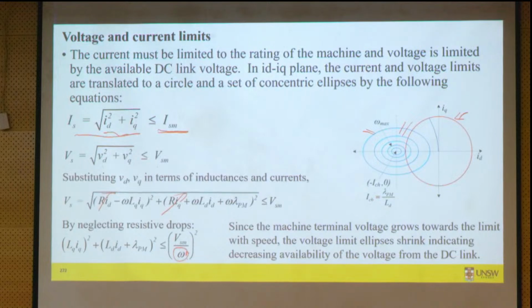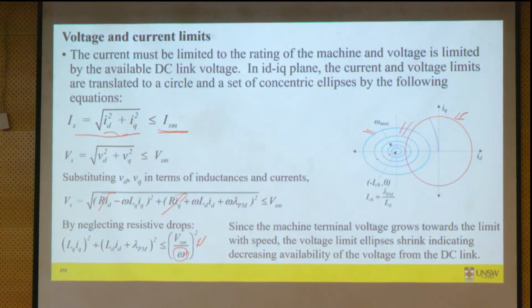As the speed increases, this term is going to reduce. So reduction of this term in an ellipse equation means that your long axis is shrinking. Okay, your long axis of your ellipse is shrinking, and that's why for different speeds we get different ellipses.